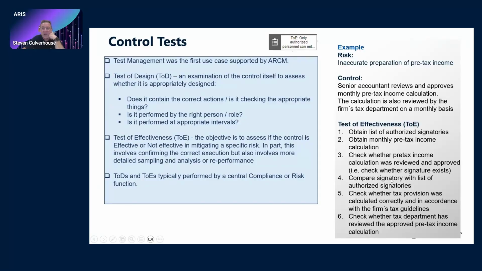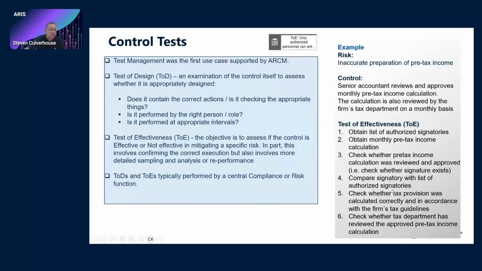And then you're going to compare the signatory with the list of authorized signatories. So the person that signed off the check, are they actually authorized to do so? So not just checking, yes, somebody signed it, that's fine. It's actually, were they the right person? Let's check back against a documented list of authorized signatories. And then also the calculation itself.